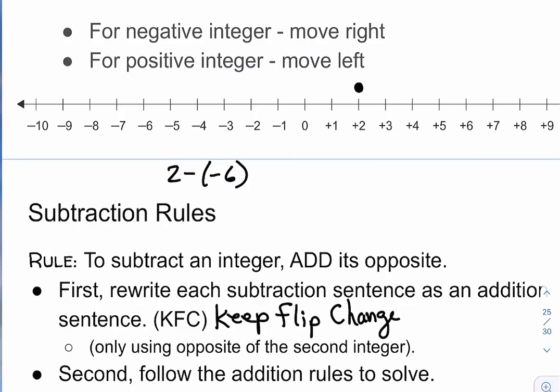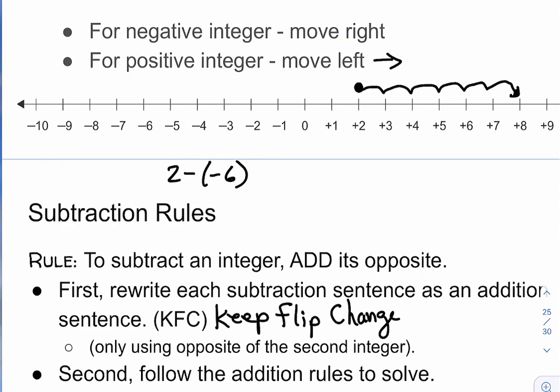When I'm subtracting a positive, I'm moving in this direction. When I'm subtracting a negative, I'm moving in this direction. So from the 2, I'm going to subtract a negative 6, so that's going this direction. Then I would count my negative 6, and I would go there.